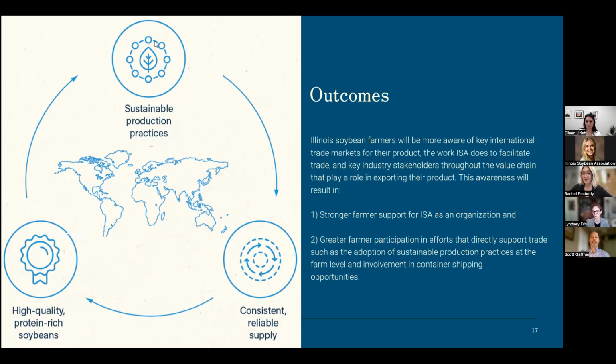We hope that we get stronger farmer support for ISA as an organization when they see the good that their checkoff investments are doing with this market development and trade and export work. And then two, we want farmers to want to participate. We want farmers to want to host trade teams.